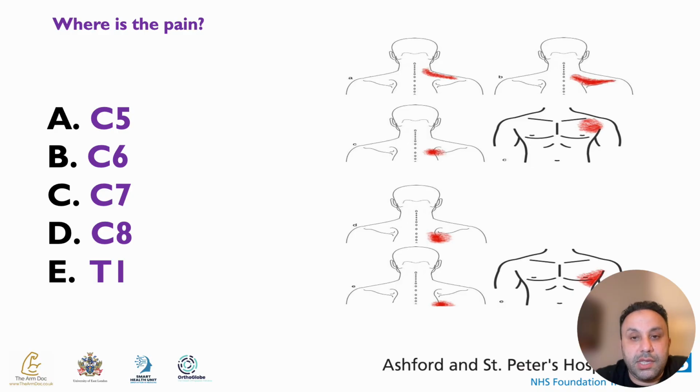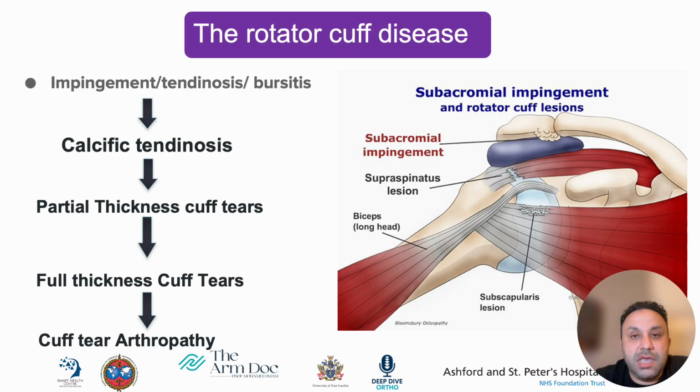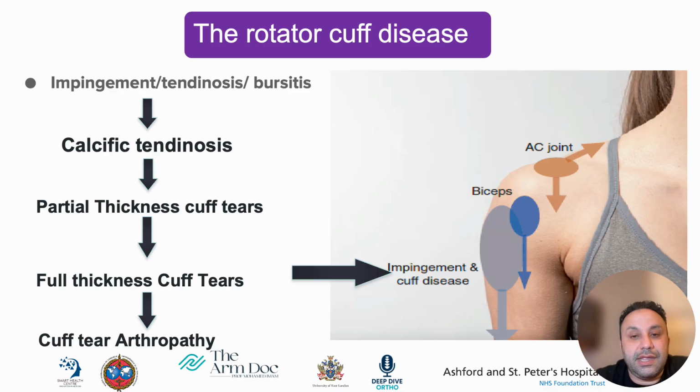That's why in almost every patient I see with shoulder pain, I examine the neck and assess it. As you can see, it can be related to different neck problems. And actually, some regard rotator cuff disease as a combination of different problems that we see in clinics.